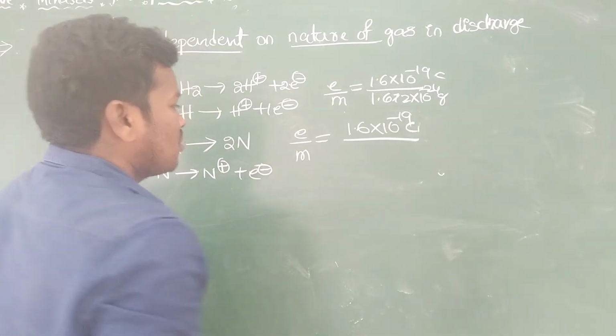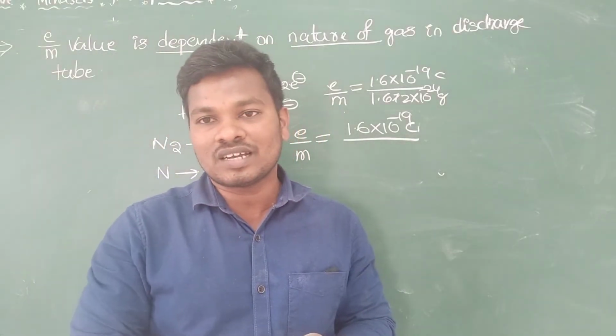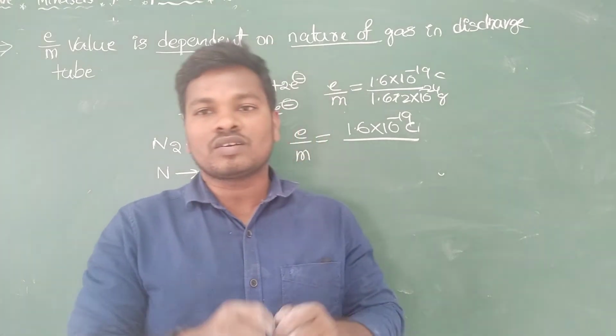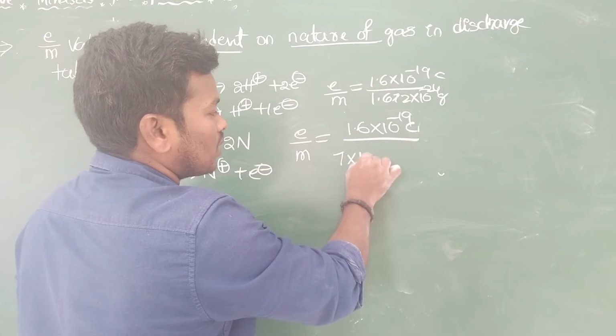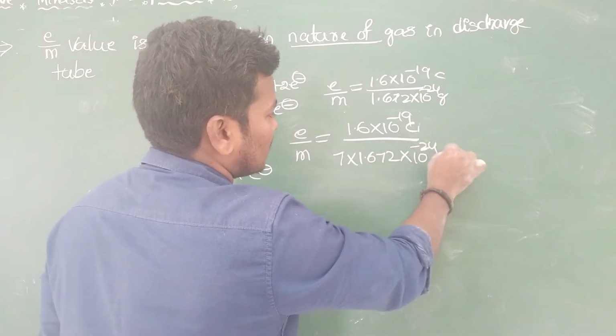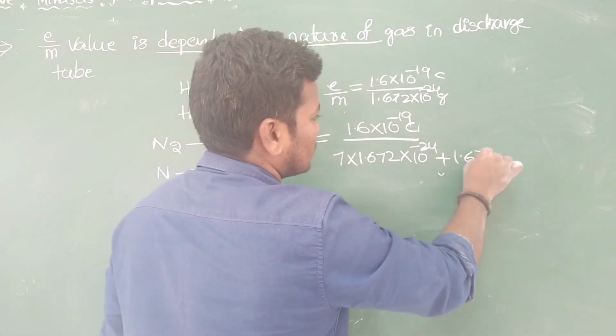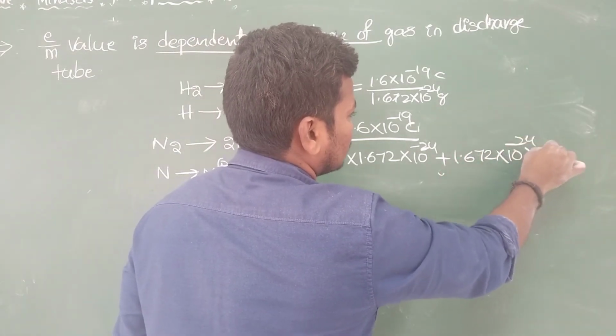But the mass: nitrogen contains 7 protons and at the same time 7 electrons. So you can see 7 into 1.672 into 10 to the power of minus 24 plus 1.672 into 10 to the power of minus 24 into 7.